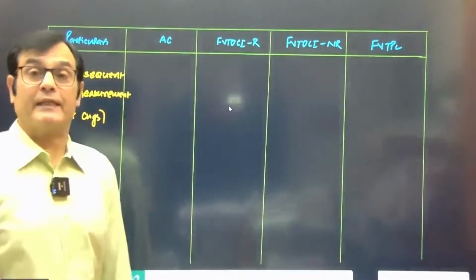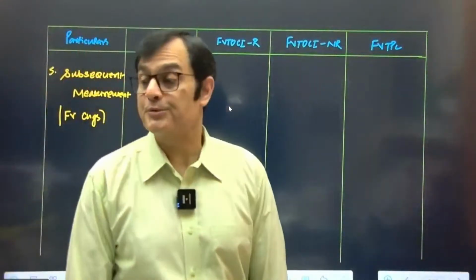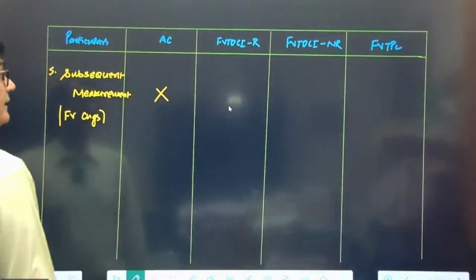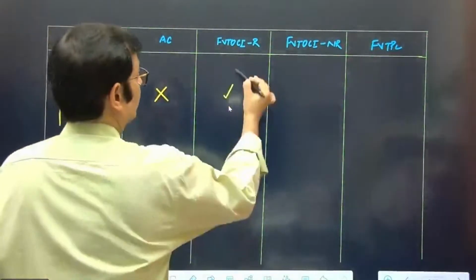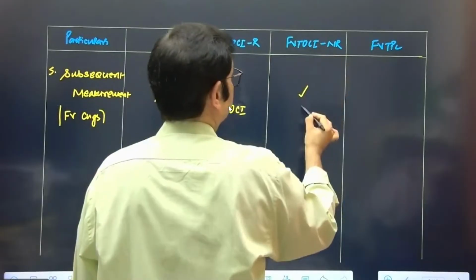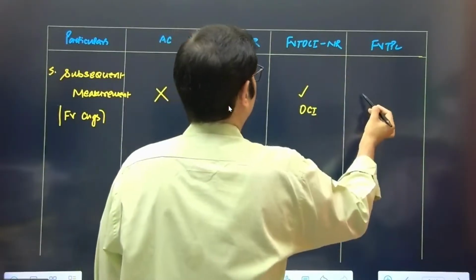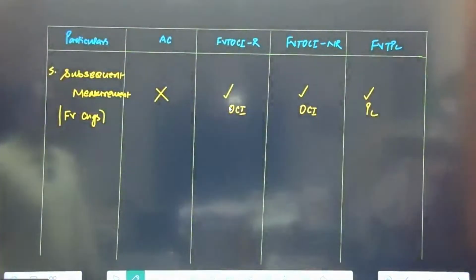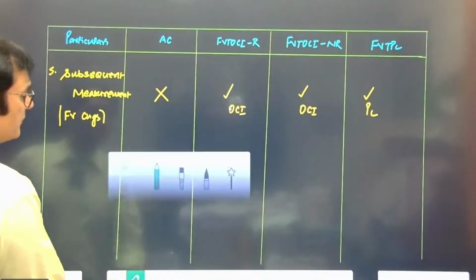In AC, do you capture the fair value changes? No, sir. That's right. And OCI, yes. Yes, sir, and it is captured in the OCI. Here also, yes, captured in the OCI. And here also, yes, captured in the P&L.